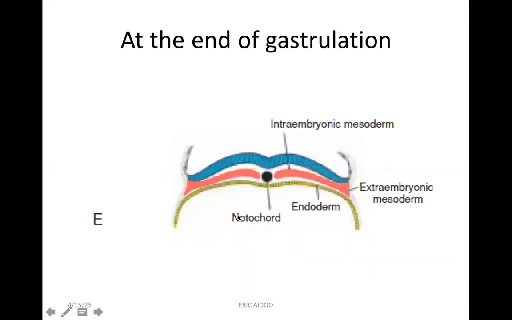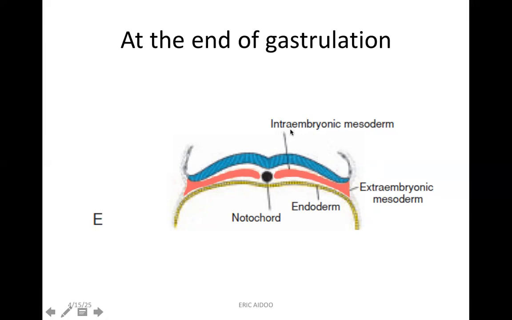So at the end of gastrulation, what do we get? We get ectoderm, endoderm, and then mesoderm. But we call these intra-embryonic, as against extra-embryonic. Remember, we had an extra-embryonic mesoderm formed in the second week. It is this extra-embryonic mesoderm that split into two to form the somatopleuric and splanchnopleuric.